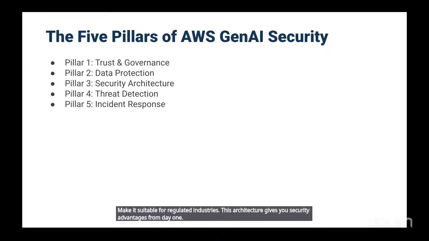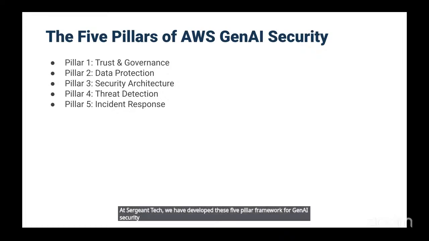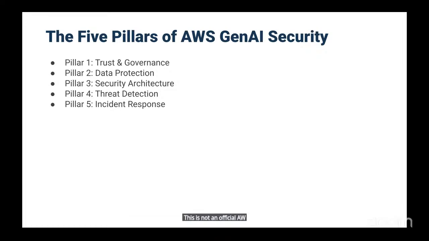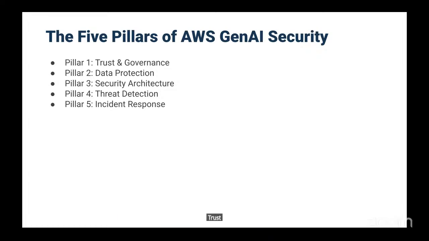At Tech, we have developed this 5-pillar framework for Gen AI security. This is inspired by the AWS well-architected framework and industry best practices. This is not an official AWS framework, but our approach to comprehensive security. Trust and governance establish the foundation.